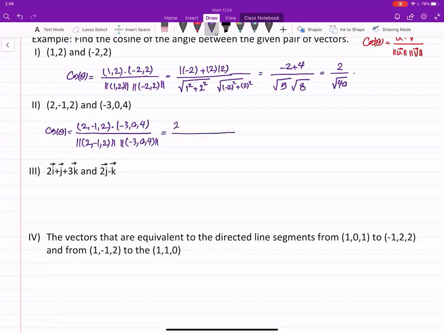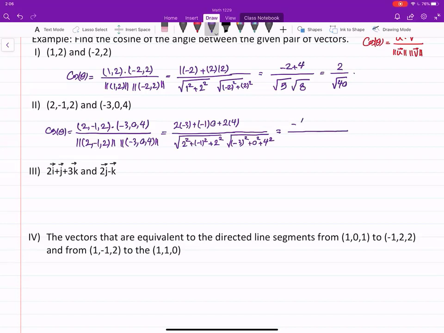So this is 2 times -3, -1 times 0, 2 times 4. And this will give us 2 squared plus (-1) squared plus 2 squared. And then over there, this is (-3) squared plus 0 squared plus 4 squared. Okay, these are just formulas for dot product and length.